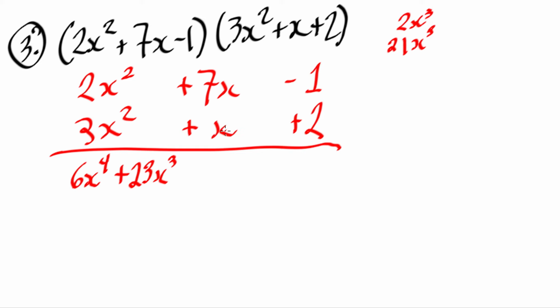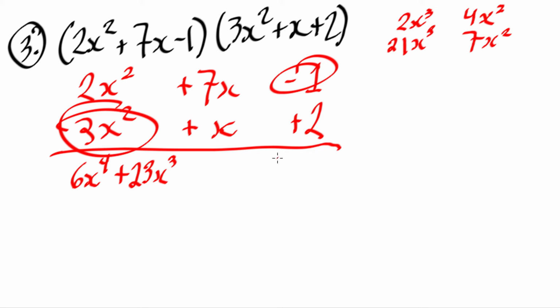Next is our centermost crosswise. 2x squared times 2 is going to give us 4x squared. My goodness, I'm advanced on this. Then 7x times x is going to give us 7x squared. And then minus 1 times 3x squared is going to give us minus 3x squared.